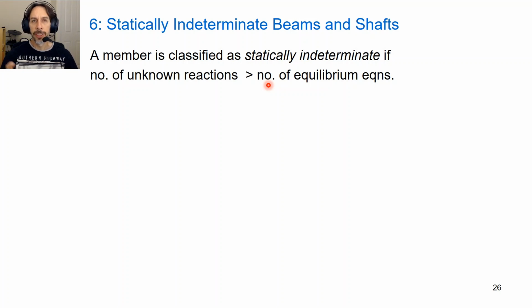But there are of course circumstances where you have more reactions at supports than equations of equilibrium. So you need extra equations in order to solve for the extra unknowns, and using superposition and deflections is one way that we can solve for those unknowns.